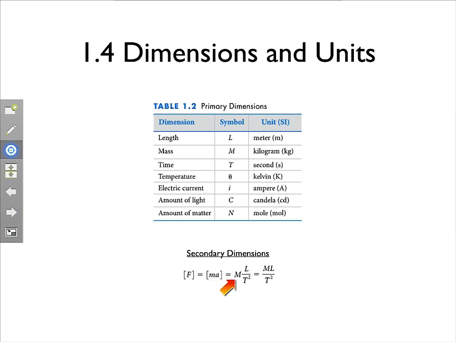Mass is the dimension for mass, and then length per time squared, or meters per second squared, or feet per second squared, is the acceleration. We can combine these and get the units of force being mass times length divided by time squared. You can do this for any other quantity. It could be energy, viscosity, shear stress, or any other quantity that you're interested in. You should be able to decompose it into its primary units.